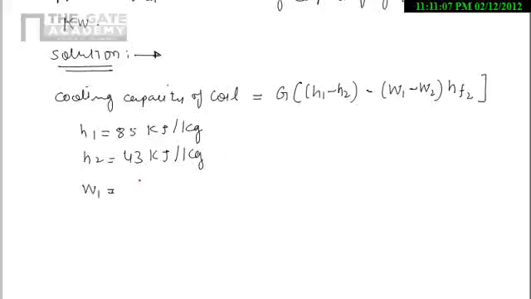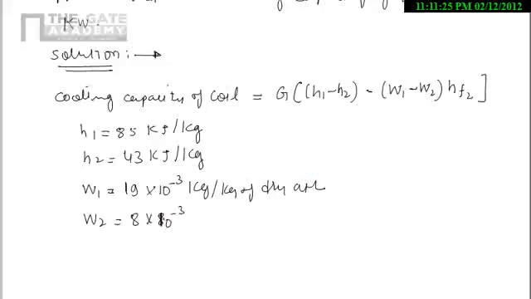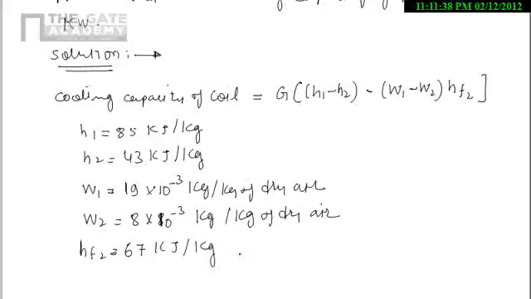W1 is 19 into 10 to the power minus 3 kg per kg of dry air and W2 is 8 into 10 to the power minus 3 kg per kg of dry air, and HF2 is 67 kilojoule per kg.